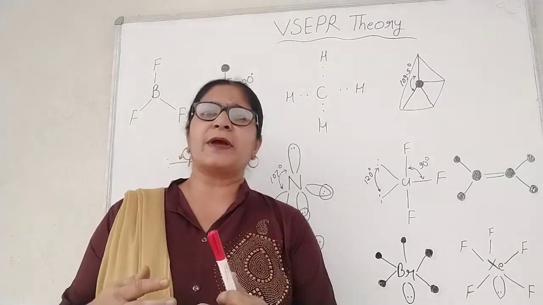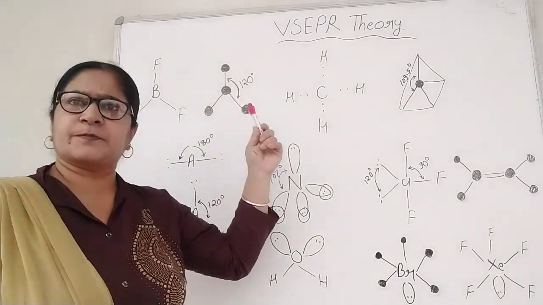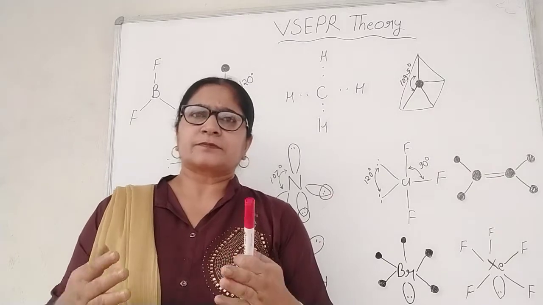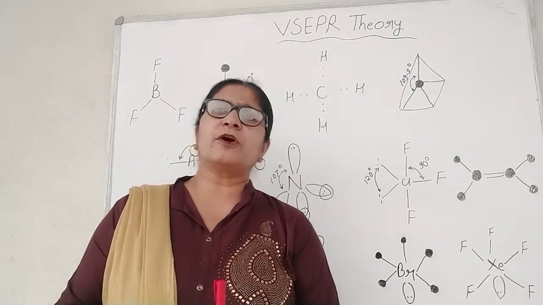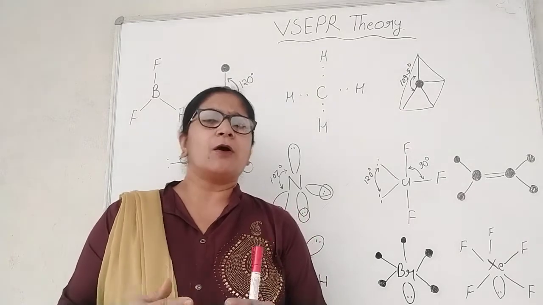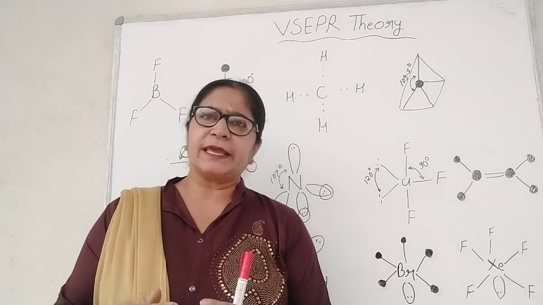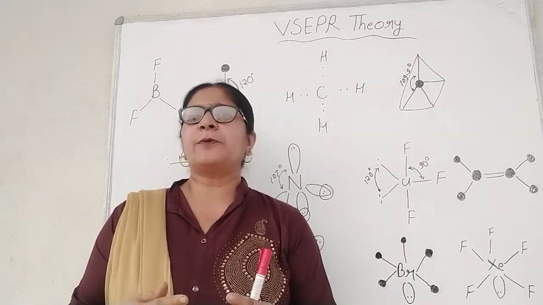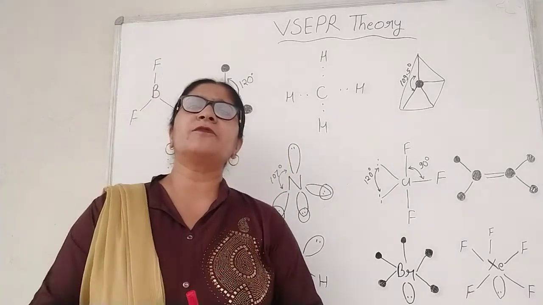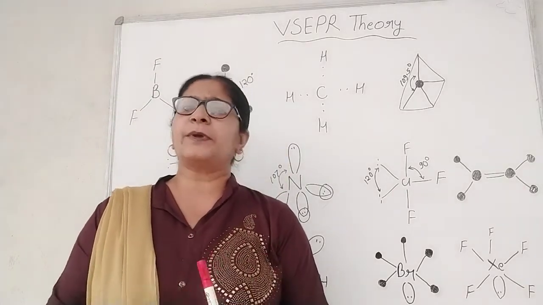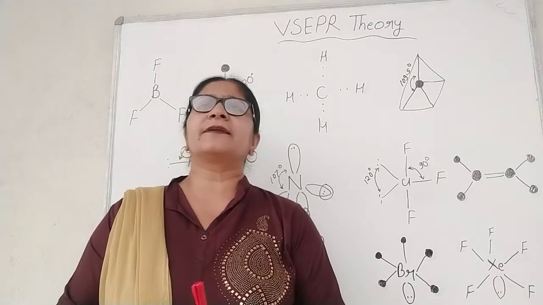Imagine the valence shell to be a sphere, with the electron pairs located on its surface at maximum distance from each other. The shape of a molecule depends upon the number of valence shell electron pairs and their arrangement around the central atom.